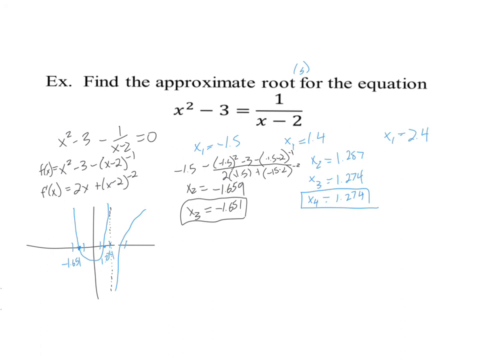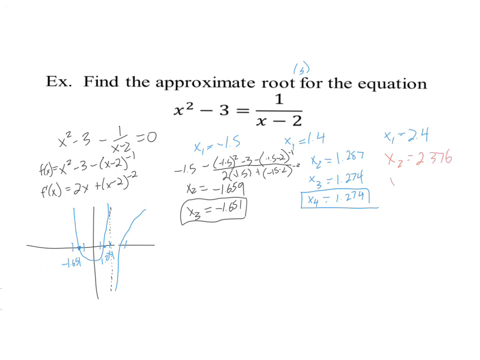For the third one, we said let's estimate it at approximately 2.4. So we'll do that one as well. Plug that 2.4 into the original equation. We get 2.378, so it looks like we're pretty close right off the start, or 2.376.